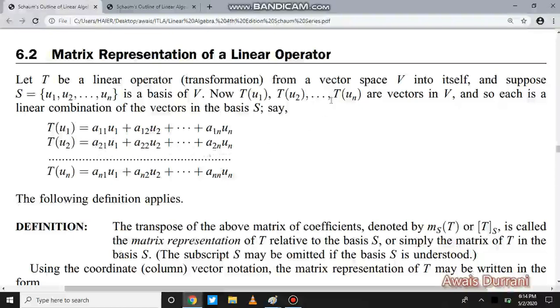Proceeding in this way, all the elements up to T(UN) are written as linear combinations of the elements of this basis, because this is how we define a basis. So I have written all the images in the form of linear combinations of this basis.